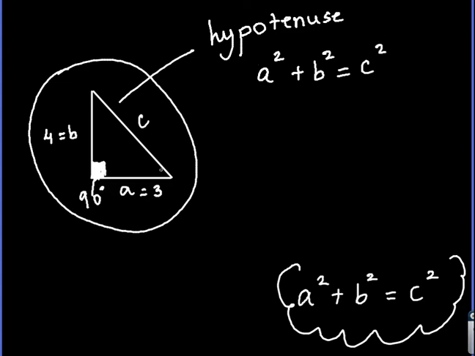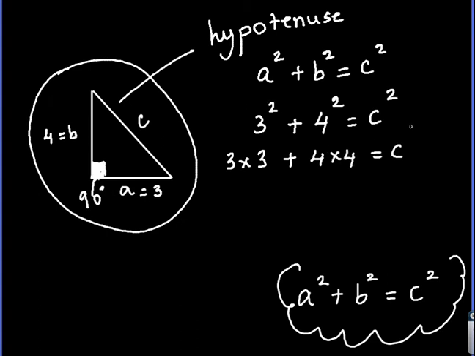We know A is equal to 3, so we're going to replace it with 3 squared plus, we know B is equal to 4, so we're going to replace it with 4 squared, and that's equal to C squared, and C is the side that I'm trying to figure out because I don't know it. Now, 3 squared means 3 times 3, and 4 squared means 4 times 4. You're always multiplying the number by itself, and that's equal to C squared.